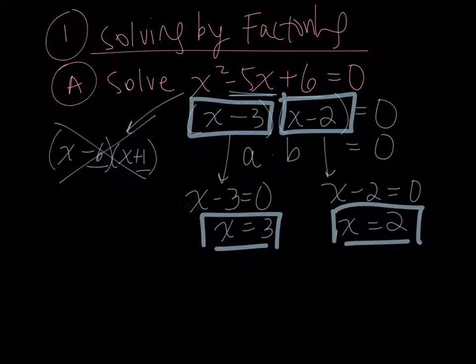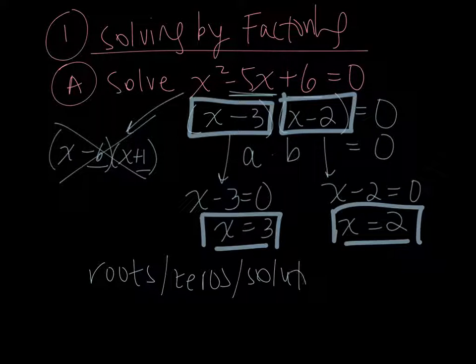Those are your two solutions. They're also called roots. They're called roots, zeros, solutions to this problem. They're also what on a graph? They are x-intercepts. Why are they x-intercepts? Because they're real numbers. I can touch 3, I can touch 2 pizzas, 3 slices. So those are your two solutions, solving by factoring.